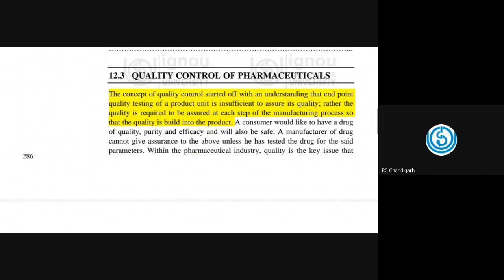So quality control maintains that the quality of the drug should not be tested only at the end product of drug manufacturing, but should be assured at each step of the manufacturing process so that the quality of the product or the drug is built in.